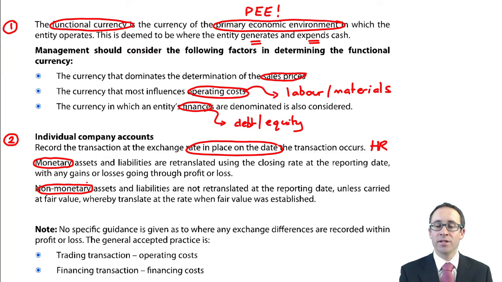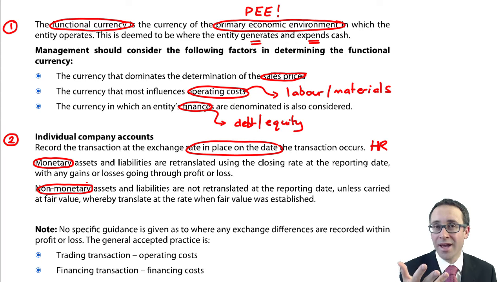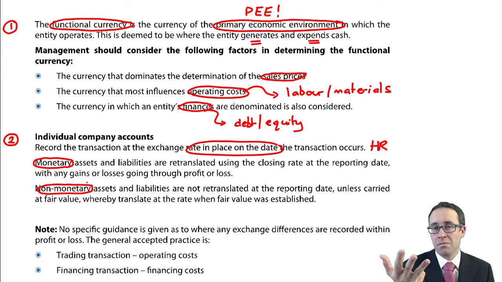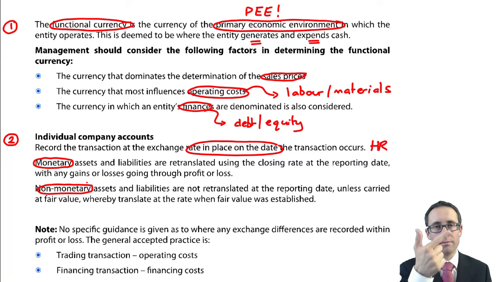Monetary items, by definition, are anything that is readily convertible into cash. So for you and I, receivables, payables, bank loans, or even cash if you have an overseas bank account, that's a monetary asset. Okay, so let me repeat: receivables, payables, loans, and bank accounts. Okay, they are all monetary assets because they can be readily convertible into cash.